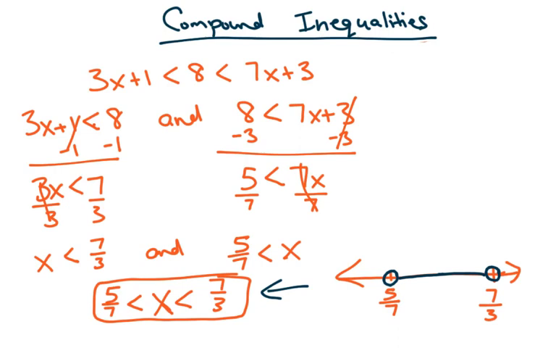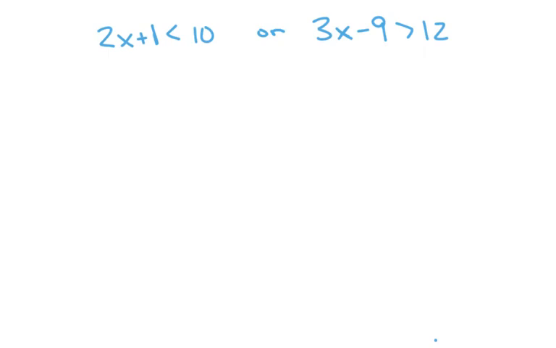Now I mentioned at the start that there are two types of compound inequalities. The first one is an AND statement like this. The second one is an OR statement like this. The good news is solving them is essentially exactly the same. In this case, they're already broken down into two simple inequalities.